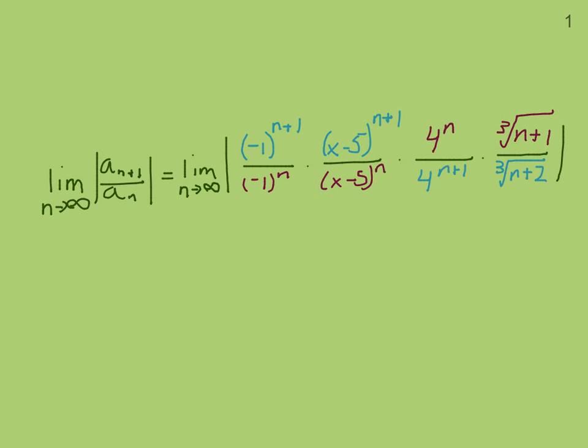So we take each individual limit, simplifying by peeling apart negative 1 to the n, factoring out a negative 1, factoring out an x minus 5, factoring out a 4, allowing us to cancel negative 1 to the n with negative 1 to the n, x minus 5 to the n with x minus 5 to the n, 4 to the n with 4 to the n.